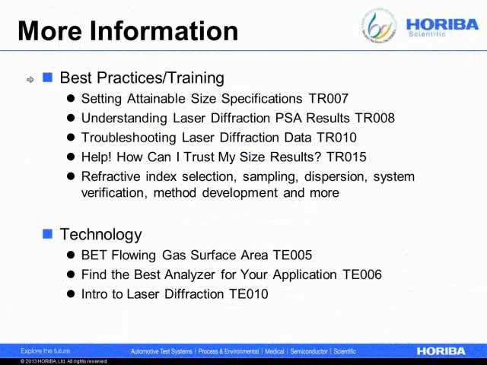So before we start, I did look at the registration report for the webinar where we ask you what you'd like to learn from today's presentation, and a lot of the feedback was about related issues with general particle sizing. So maybe not specifically related to Trona, but how do you set good attainable size specifications? How do you understand and interpret your particle size results a little bit better?